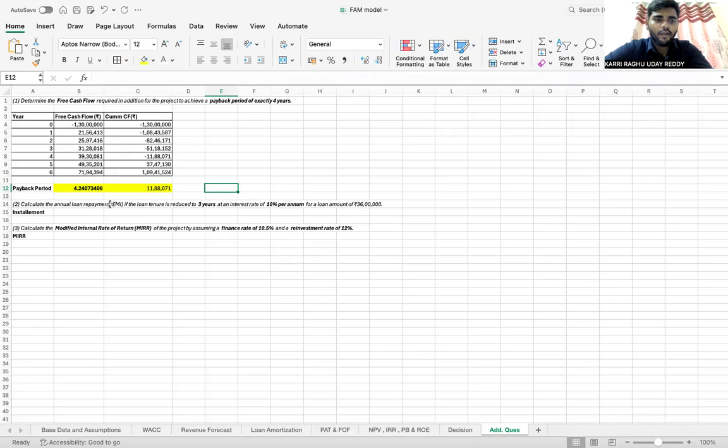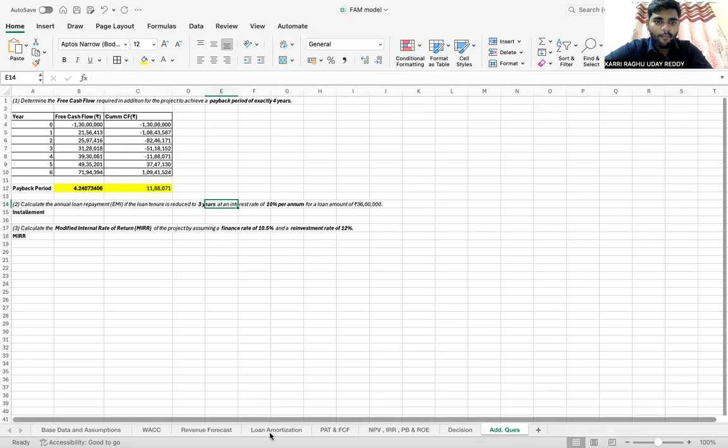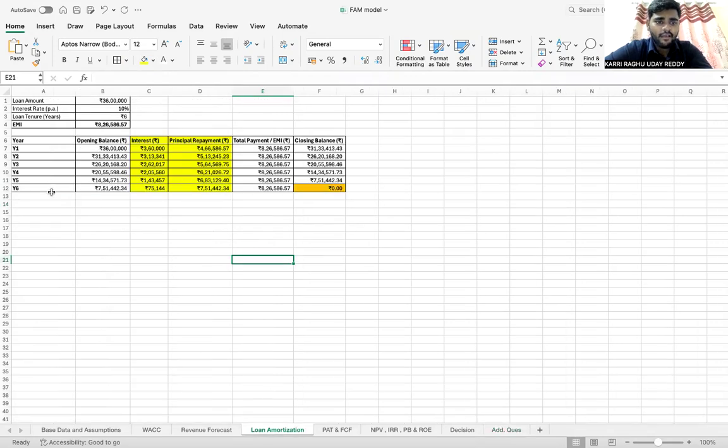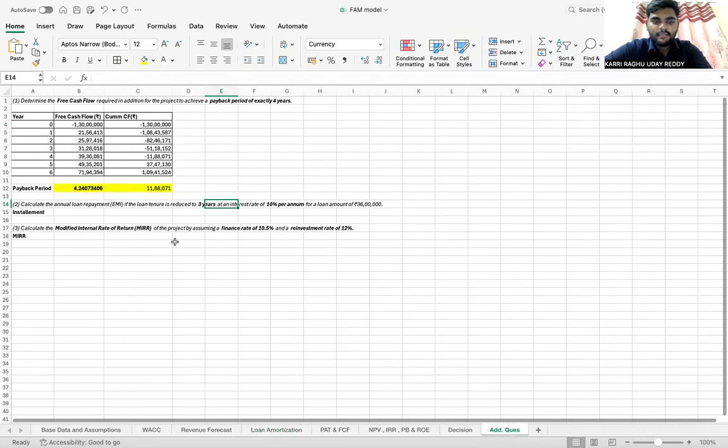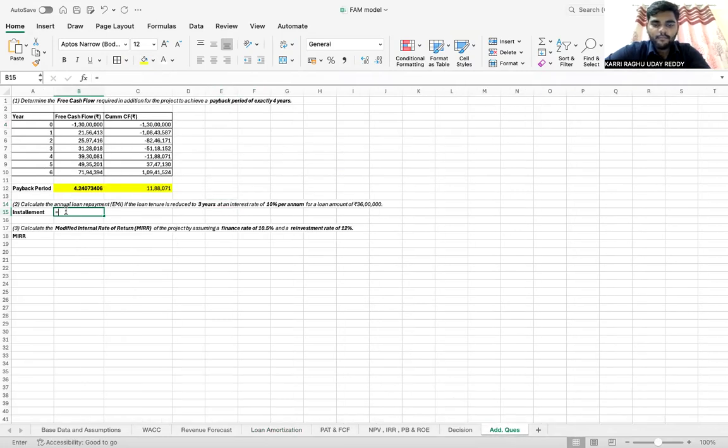Calculate the annual loan repayment EMI value if the tenure is reduced to 3 years. Initially, if you remember, the loan tenure here is 6 years. Now they are asking, if the tenure is 3 years, what will be the EMI value? Now let us calculate this. The formula for calculating is PMT, and the rate is given as 10%, comma, NPER value 3 years.